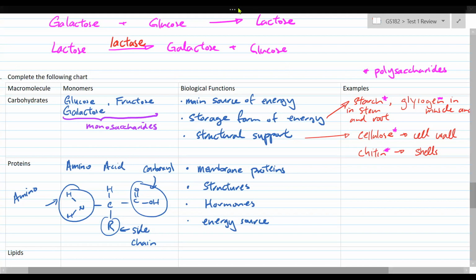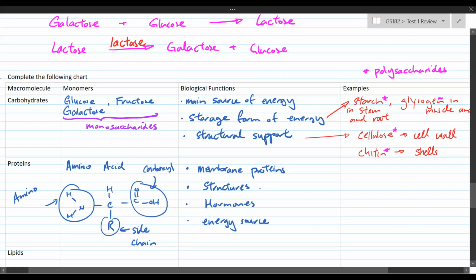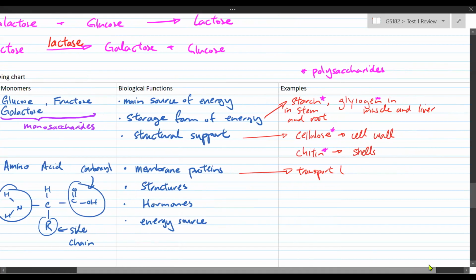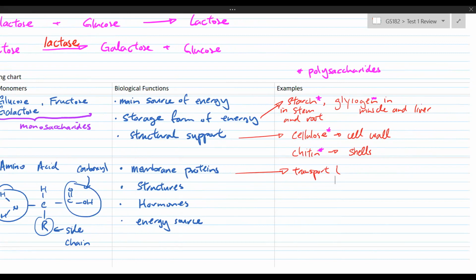So let's give some examples. Membrane proteins, for example, like transport. We learned 2 types of transport proteins in the cell membrane. Does anybody remember what they are? FADH, NADH?